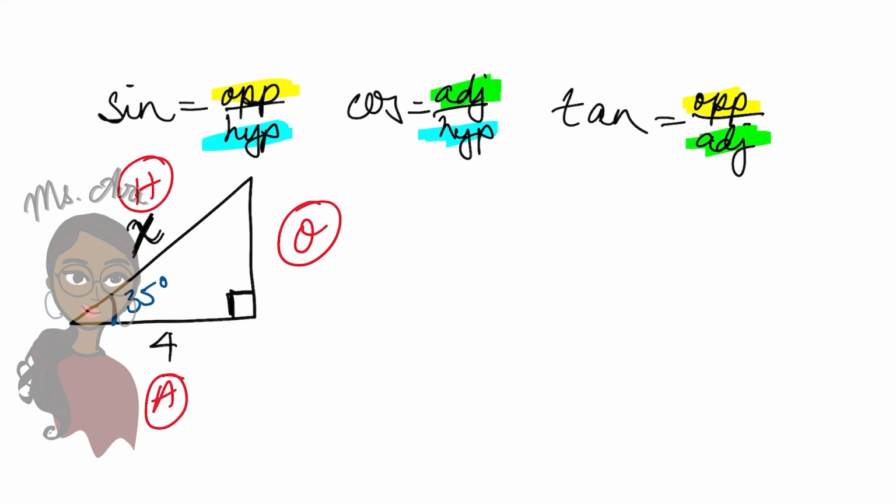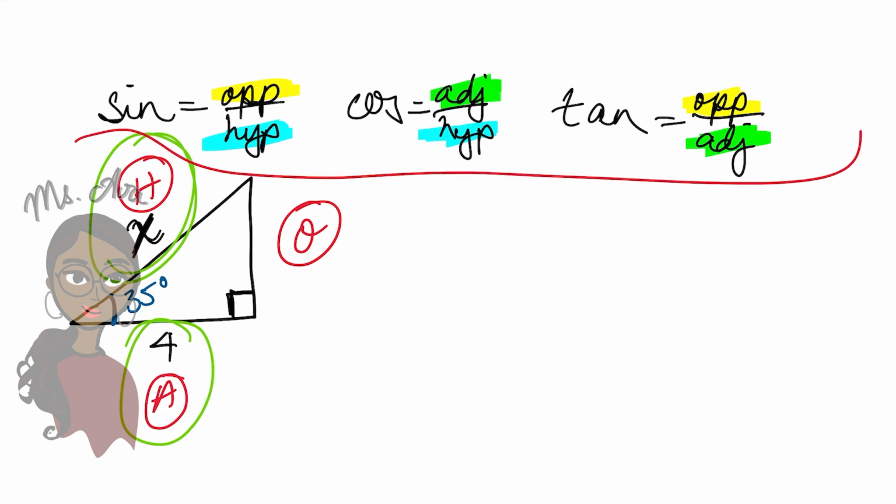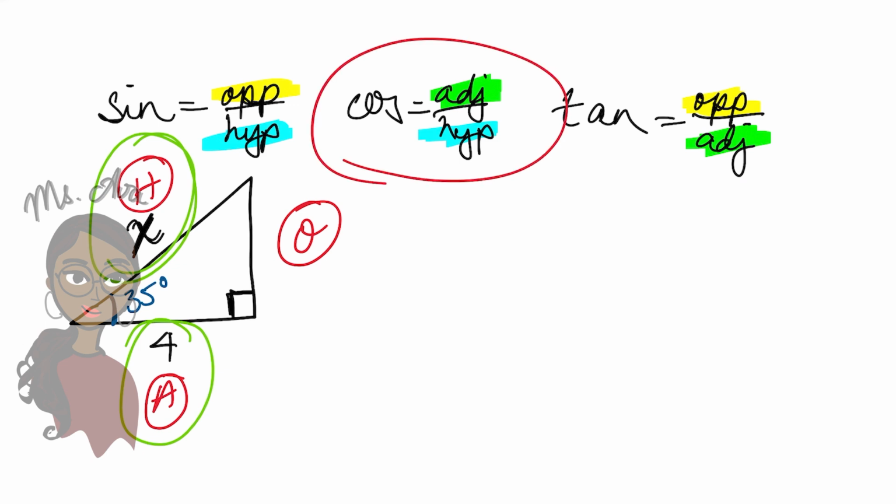Once you've labeled all the sides with hypotenuse, opposite, or adjacent, you look at the information that you have. Right now we have the information that the adjacent is 4, and the thing that we're looking for is the hypotenuse. So that's the A and the H. We look at which of these 3 functions uses the adjacent and the hypotenuse, and as you can see, that is cosine.